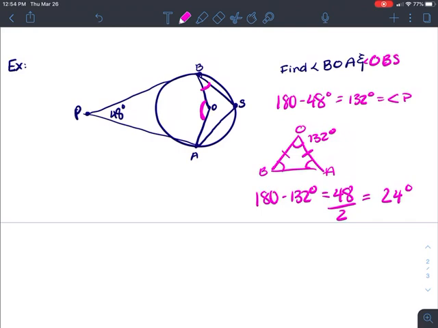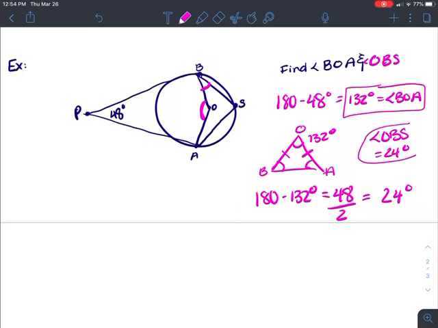So I can say that angle OBS is equal to 24 degrees. This is not angle P, this is angle BOA. I was stuck on what we were doing in the last problem, apparently.